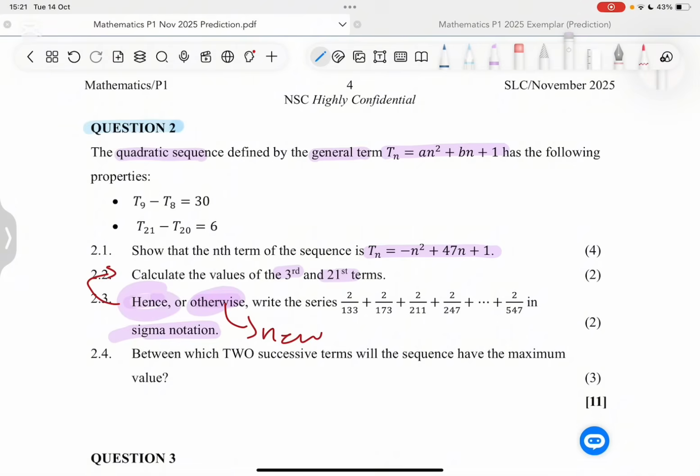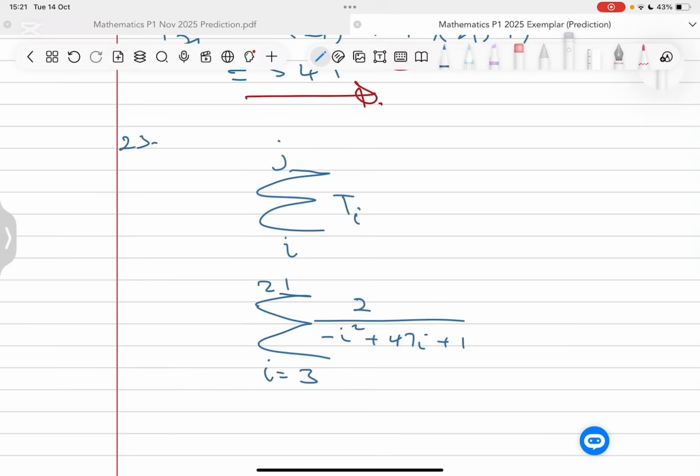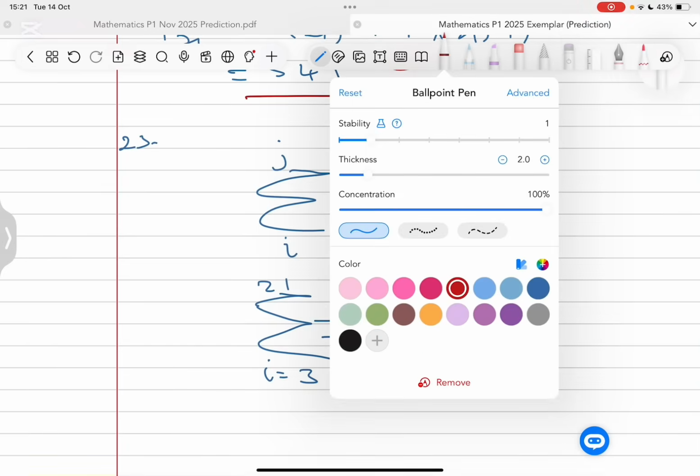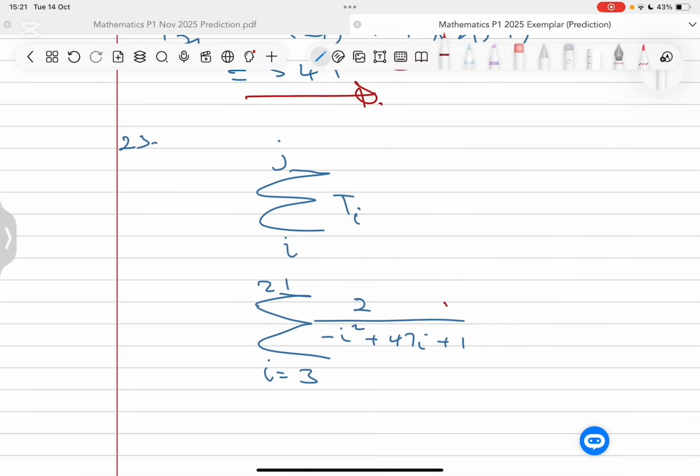Now this question really is only for 2 marks, because there isn't much that we're doing here. They will give you a mark for writing the correct nth term there, or the general formula for this series, and also a mark for the correct bounds, lower and upper bounds, your limits, if you get them correctly. So that will be where the 2 marks will come from.